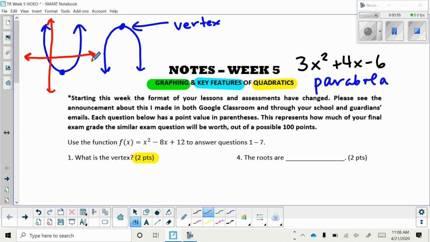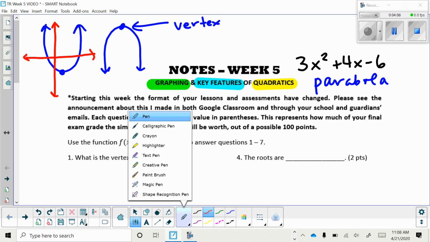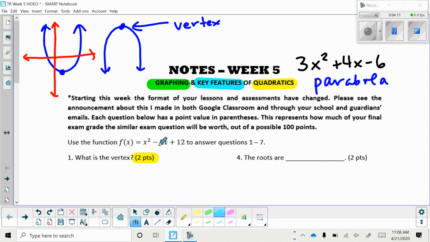Other parts of the graph that we're interested in is where the graph crosses the x-axis. So this is x, this is y. The graph is the blue thing. The x and y are the axes. So when I say, where does the graph cross the x-axis?